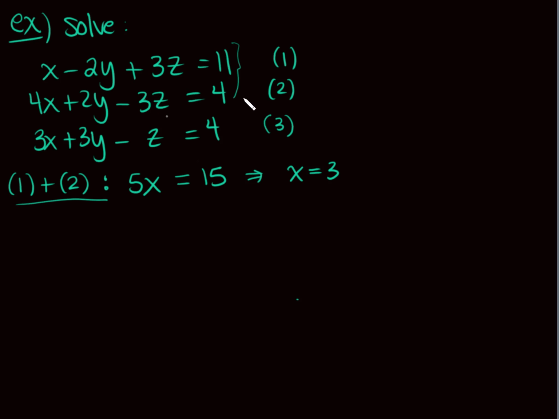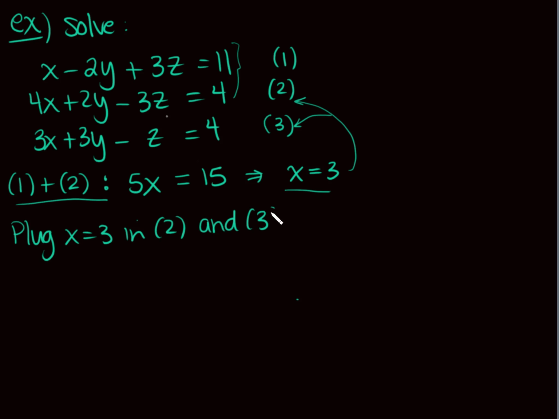So I'm going to take that 3 and plug it into equation 2 and equation 3. Plug x equals 3 into 2 and 3, and then I get a system of 2 equations, which I can solve using substitution or elimination.